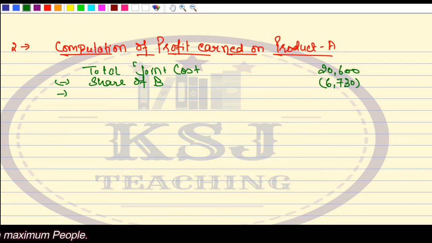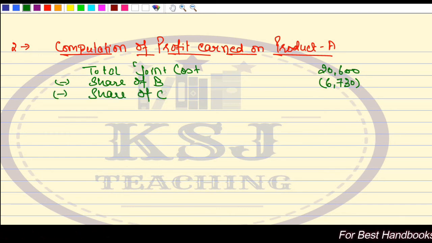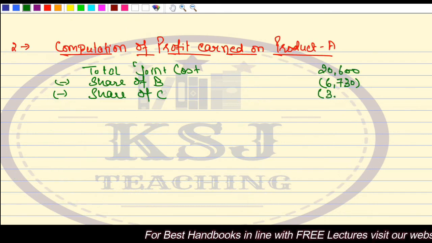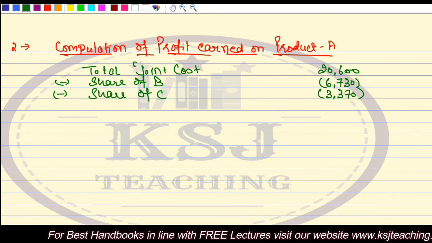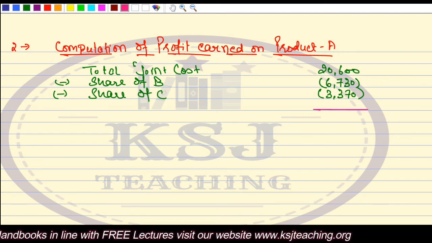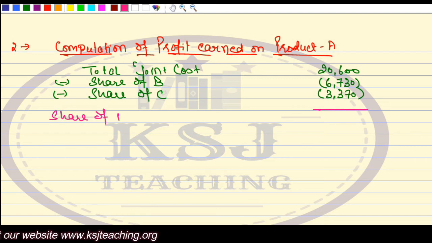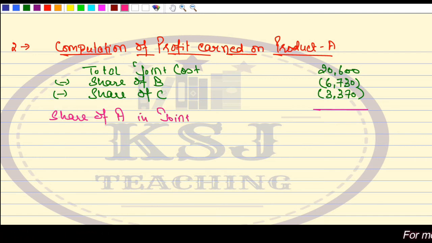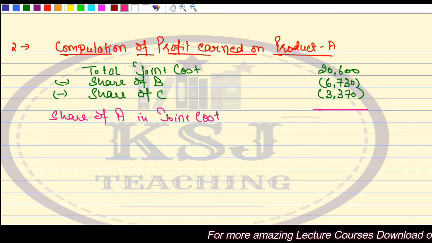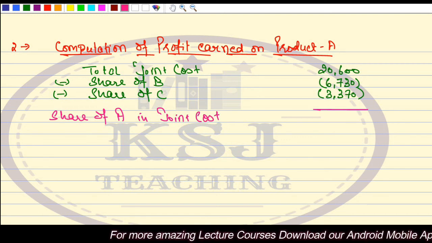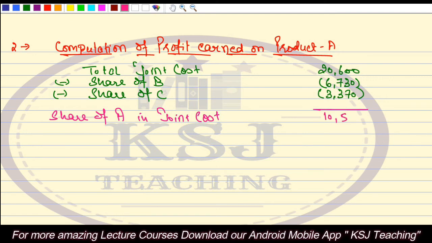Subtract share of C, that is 3,370. So from here, what you will get is share of A in joint cost. This is what you will be getting. Right? That comes out to 10,500.